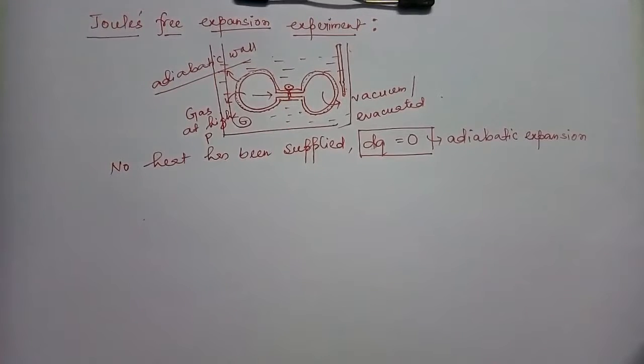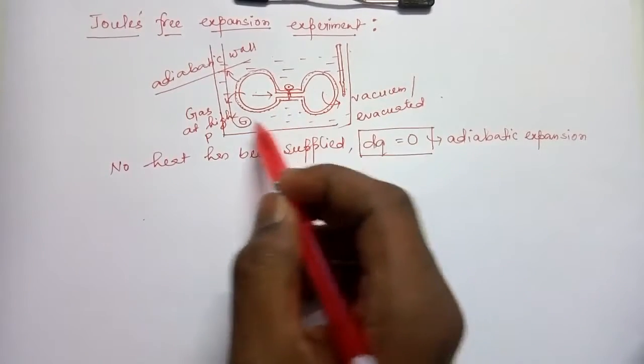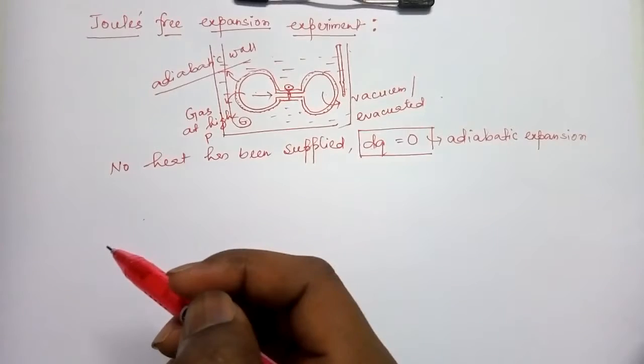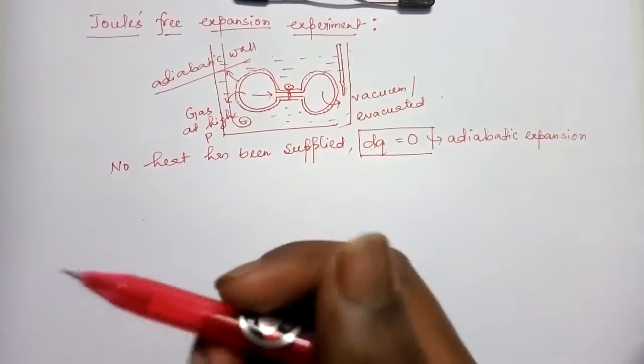Now this is the condition where a constant temperature bath is used for that experiment. That means the whole experiment is carried out in a thermostat, so the temperature change will be 0.